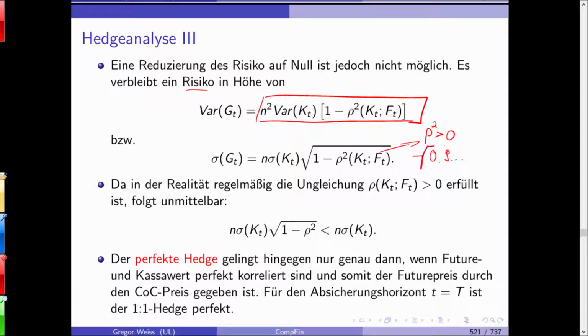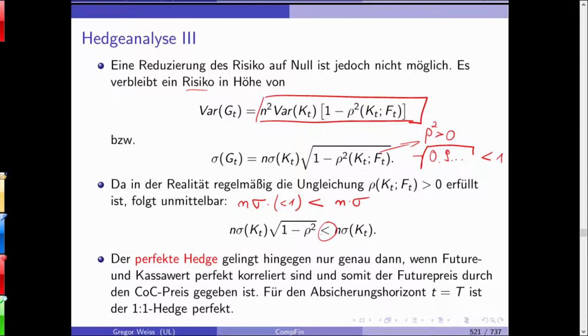The square root of it will be less than 1. So we can simply write N times sigma times something that is smaller than 1. And then, of course, this is smaller than N times sigma. And this is how you get this inequality.